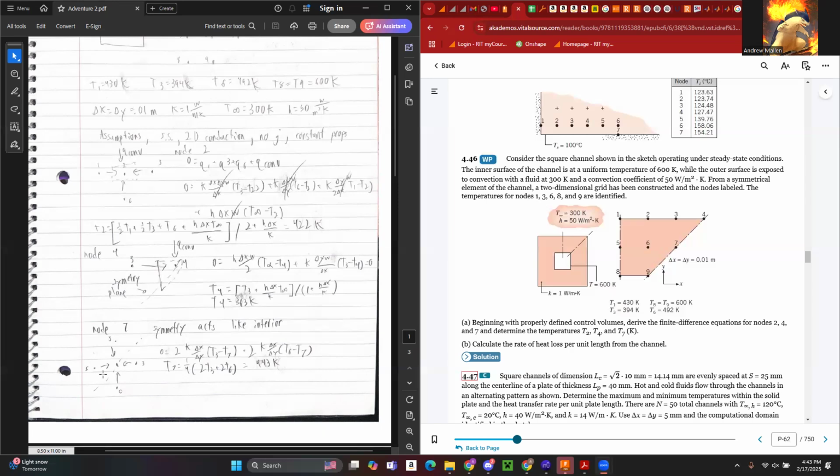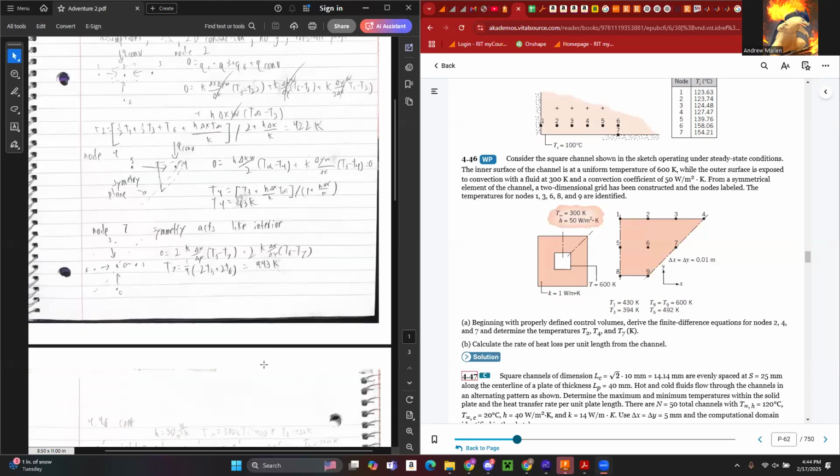So that's going to be 4 conduction equations using the full delta X, delta Y surface areas. That equation is going to be 2k delta X over delta Y times (T3 minus T7) plus 2k delta X over delta Y times (T6 minus T7). You simplify all that together, and you get T7 equal to 443 Kelvin.